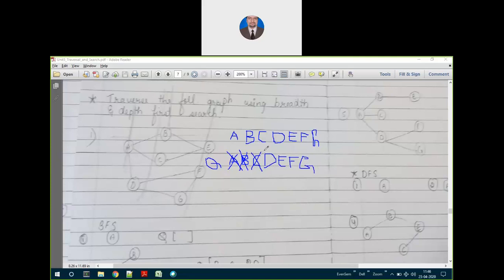Then I can say that D is also explored, so I will remove D here.